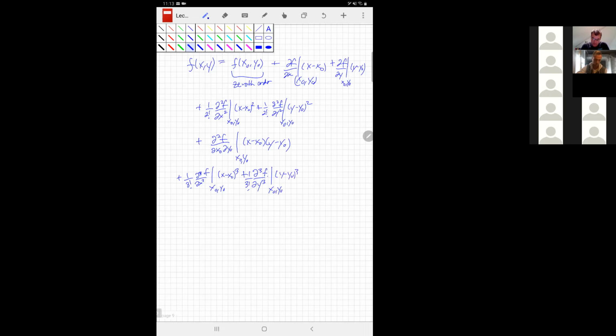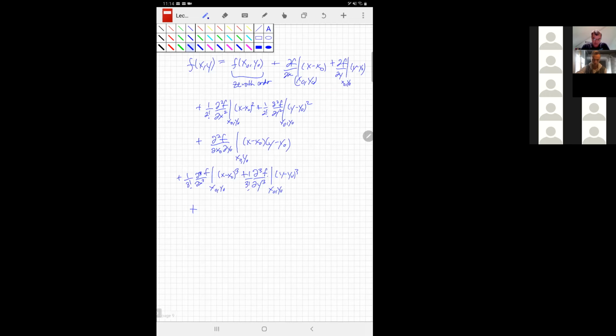But we get 2 other terms, because there are 2 other ways that we could take 3 derivatives. Just like there are 3 ways that we could take 2 derivatives. We could take 2 derivatives with respect to x, 2 derivatives with respect to y, or a derivative with respect to x and a derivative with respect to y. So those are 3 ways that we could take 2 derivatives.